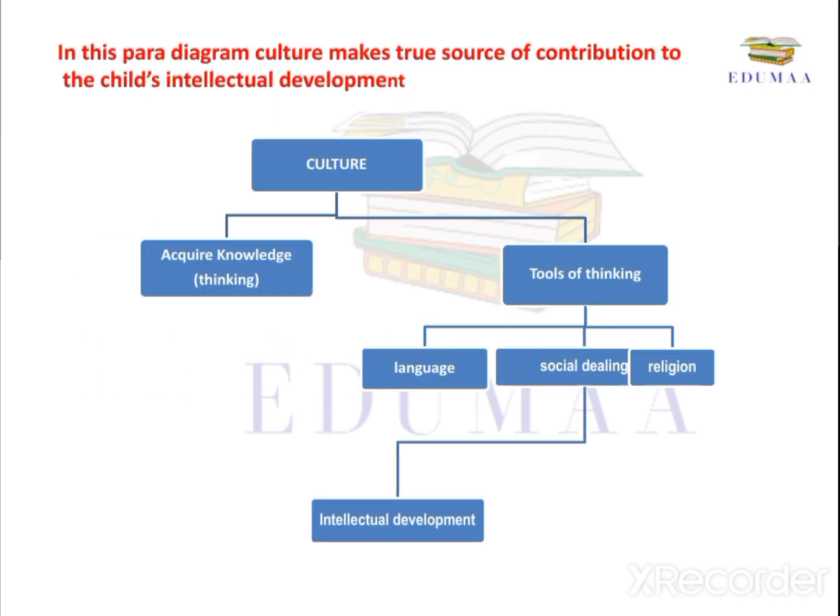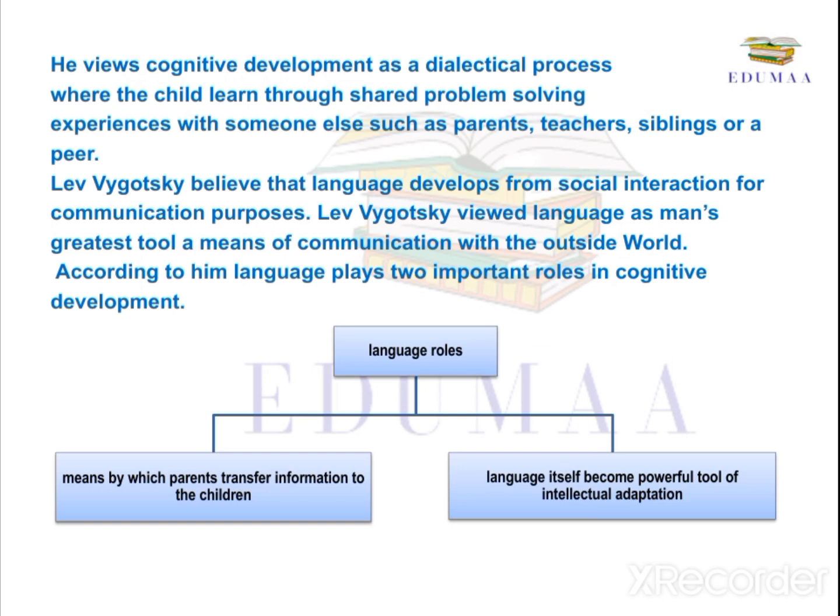In this paradigm, culture is the true source of contribution to the child's intellectual development. Here you can see the diagram. Culture acquires knowledge through thinking, or tools of thinking, which are language, social dealing, and religion. These lead to intellectual development.